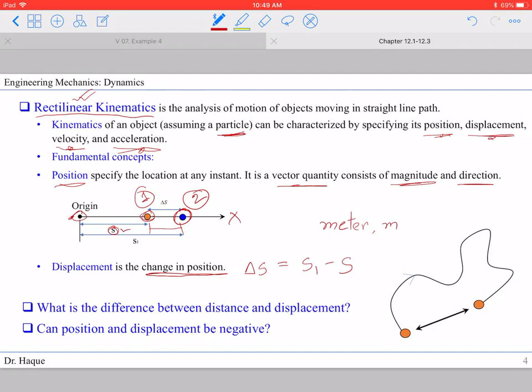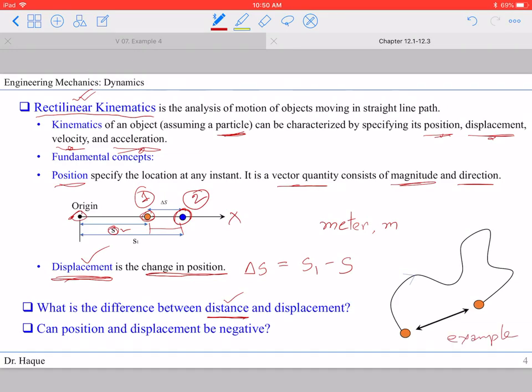One thing we would like to clarify: the term displacement sometimes gets confused with the word distance. So what is the difference between displacement and distance? Let's see this example.